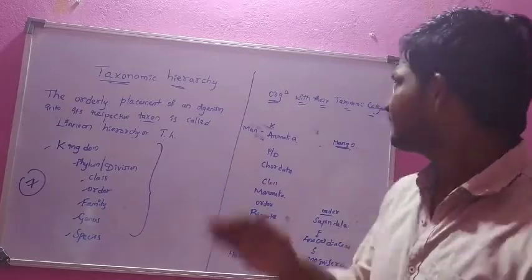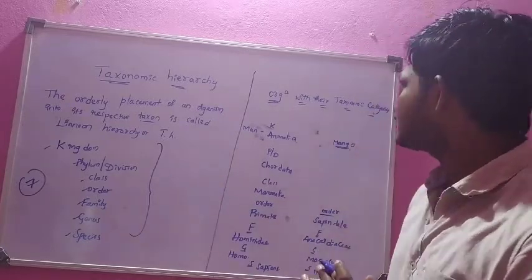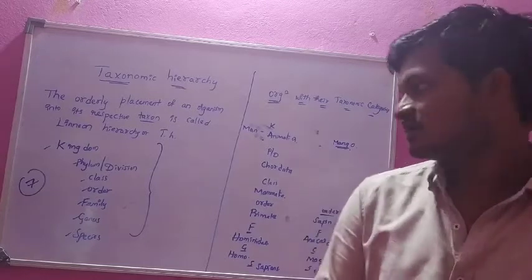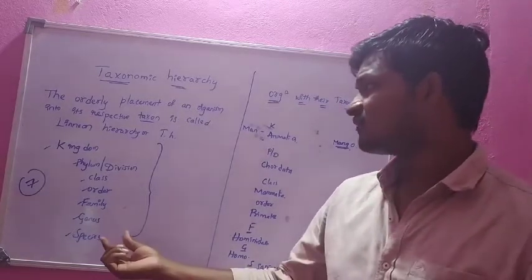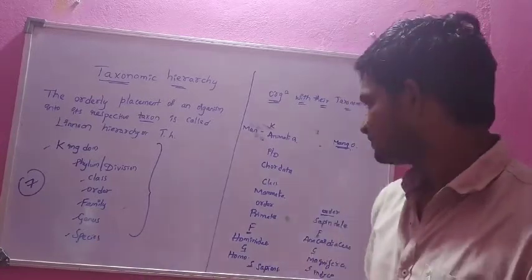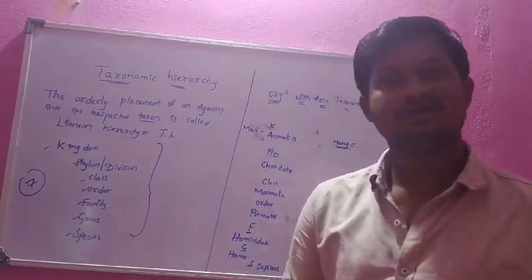That is, organisms with their taxonomic categories. Actually, we can start from species. What is meant by species?